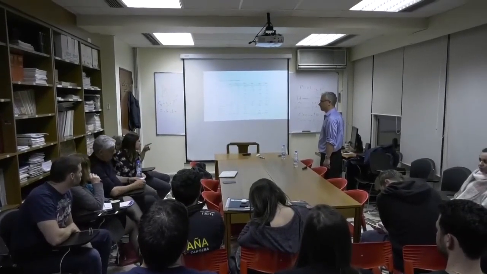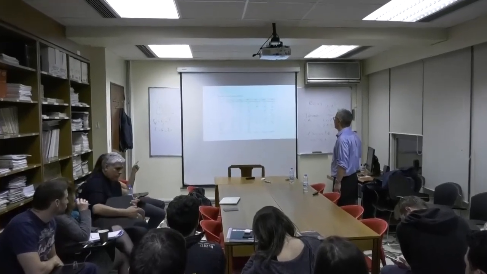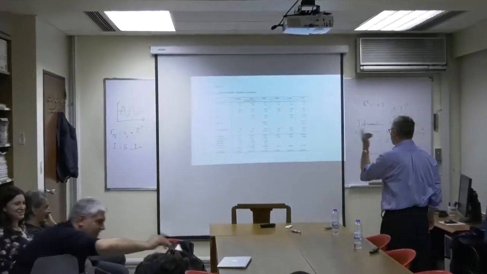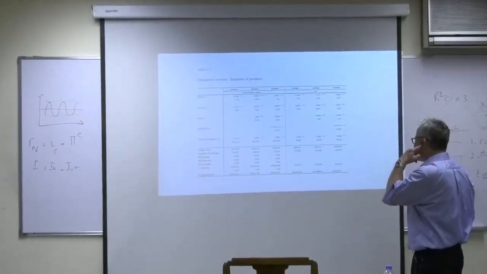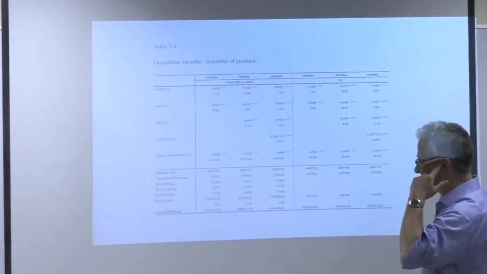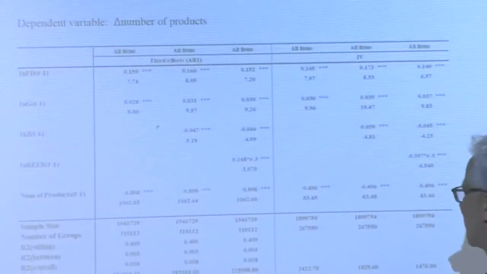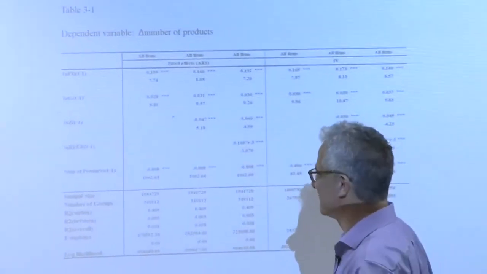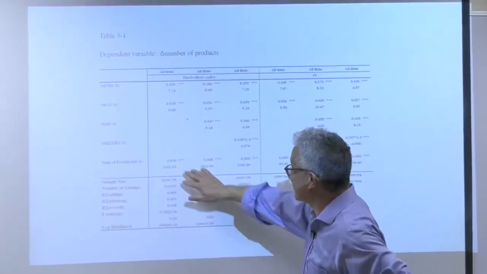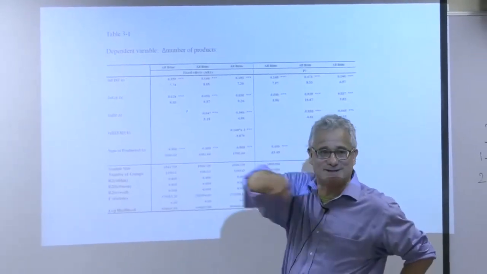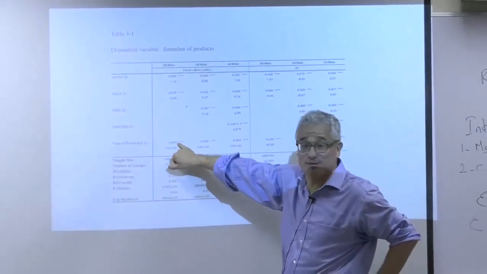What's important is that they're all significant. The coefficient matters as well, but you're right. In empirical work of this kind, the coefficient matters, but it's mainly the significance of the numbers. So this is always negative. Who was mentioning the negative sign of the number of products?